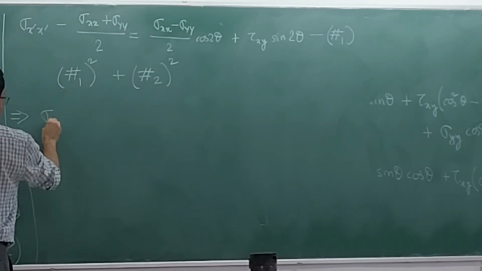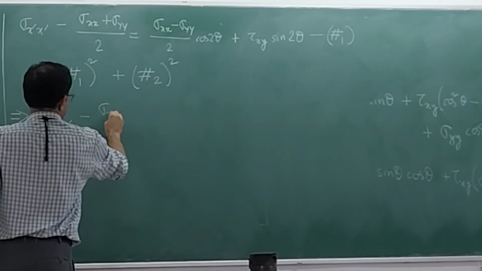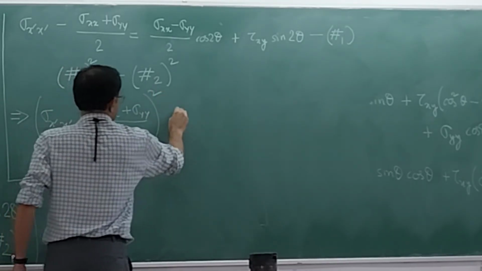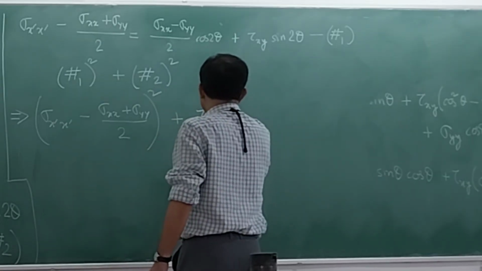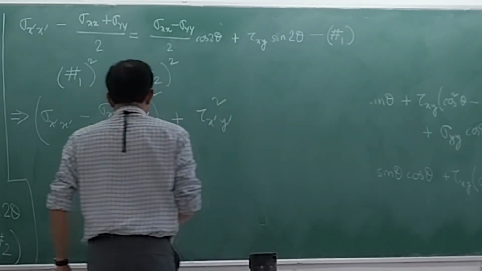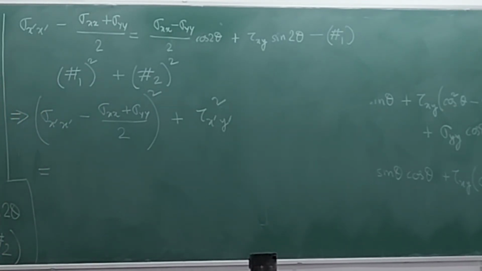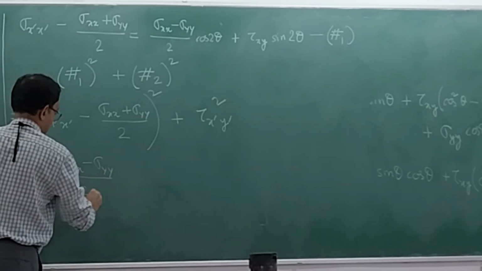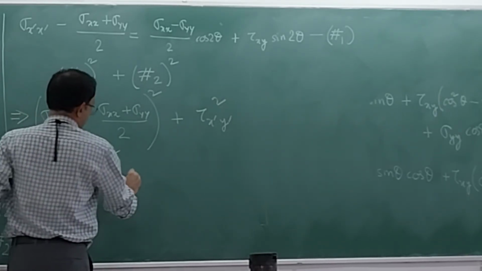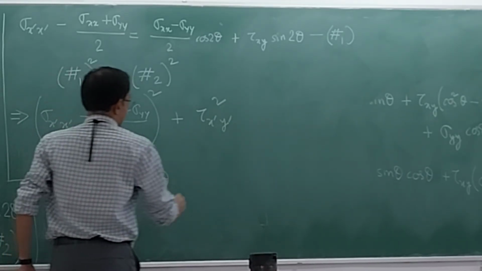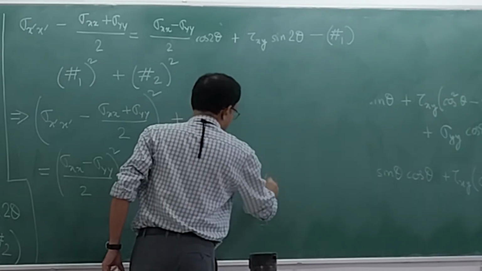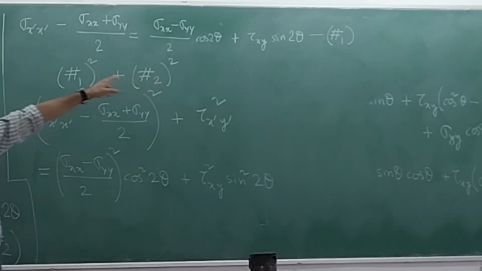Well, that is tau x dash y dash whole square, and over here this is sigma xx minus sigma yy by 2 whole square cos square 2 theta plus tau xy square sine square 2 theta, and I will get a term which is the twice AB term.